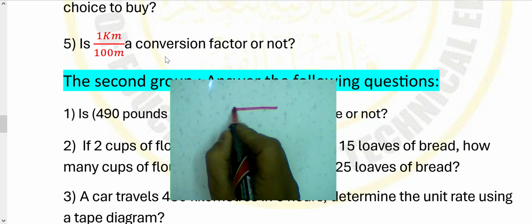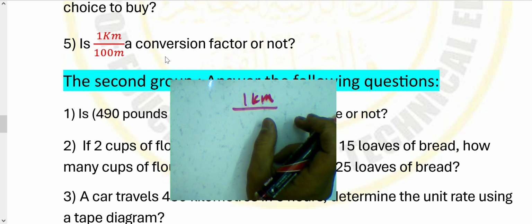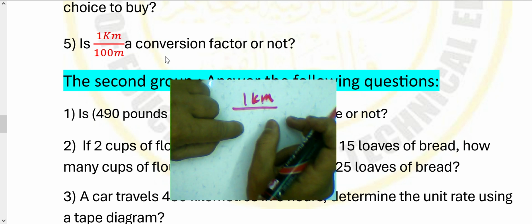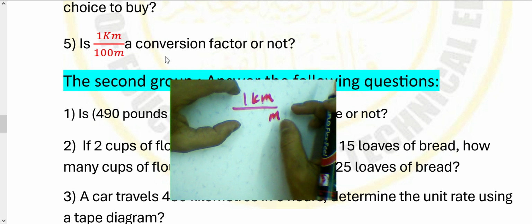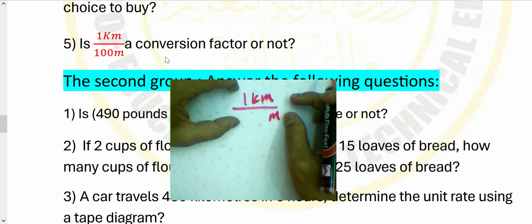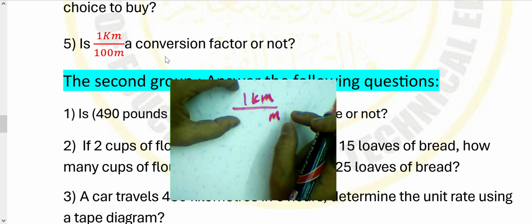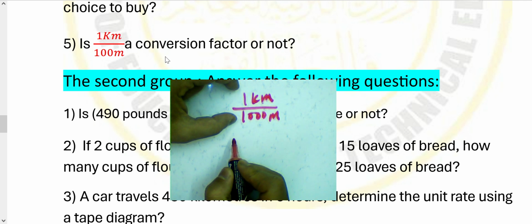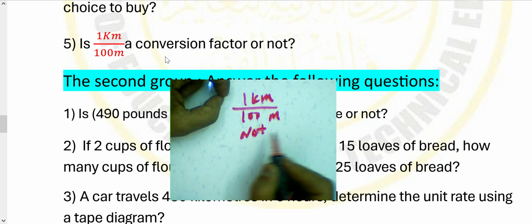It must be a ratio between two different quantities, like kilometer and meter, and they must be equal: the two quantities must be equal in the result but not in the units. We can use kilometer here and meter here, but I should say 1000. I can't say 100, so we choose not a conversion factor.